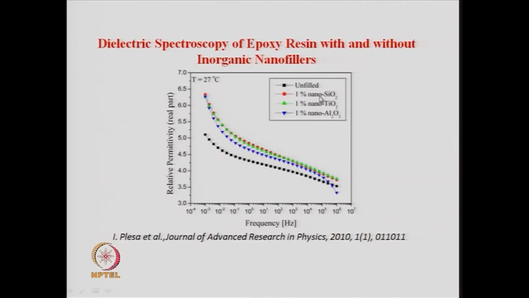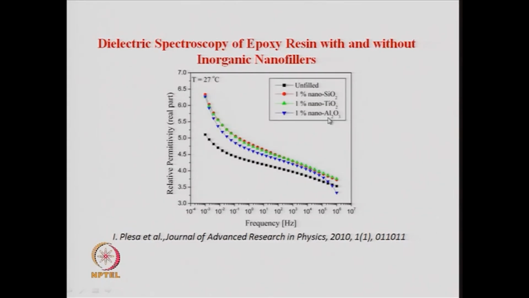When you add some nanoparticles, say you add silica nanoparticles, 1% of silica nanoparticles, those are the red dots, and these red dots actually tell you that the value of the dielectric constant is always much higher than what you have when there is no nanosilica. So, the red ones are for nanosilica, the green ones are for nanotitania, and the blue ones are for nanoalumina.